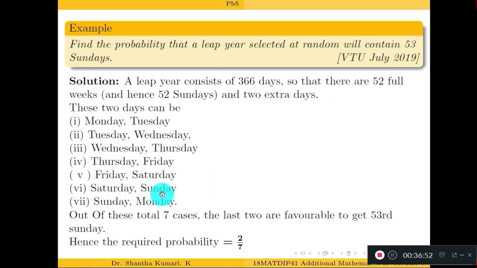So this possibility, Saturday and Sunday, gives you Sunday. Again here also you get one Sunday. So totally 2 outcomes are favorable to get one more Sunday. So 2 out of 7. Probability is 2 out of 7. Very standard problem which is selected from a very recent question paper.